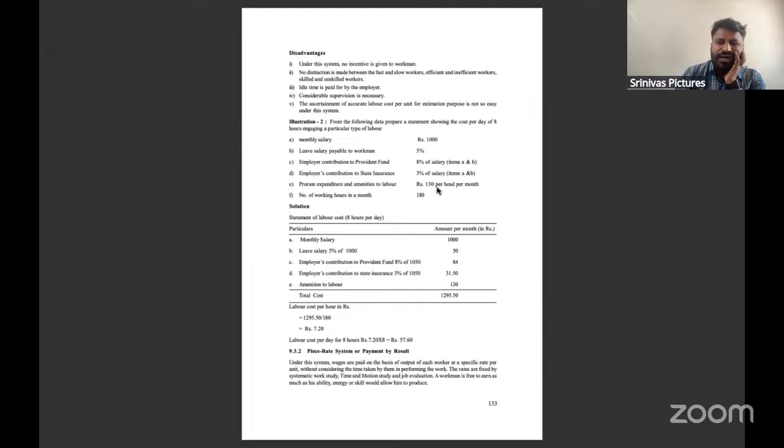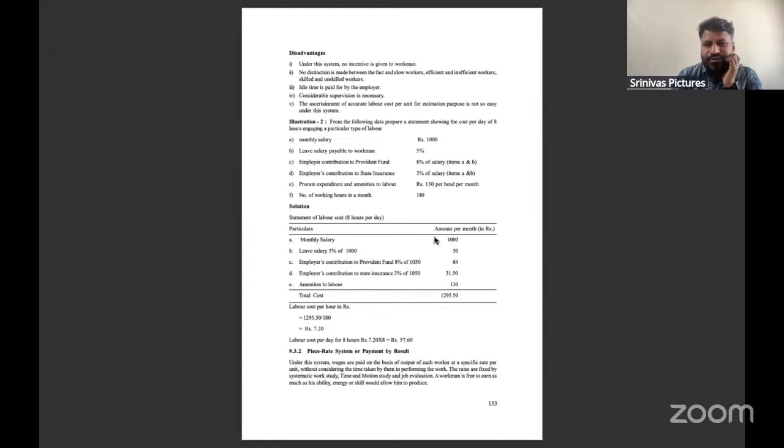Amenities to labor, already given per head per month, is 130 rupees. Total cost is equal to 1295.50 rupees they are receiving. And what is the labor cost per hour? Monthly, how many hours is he working? 180 hours.